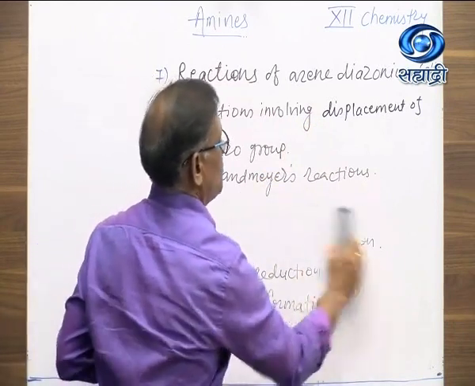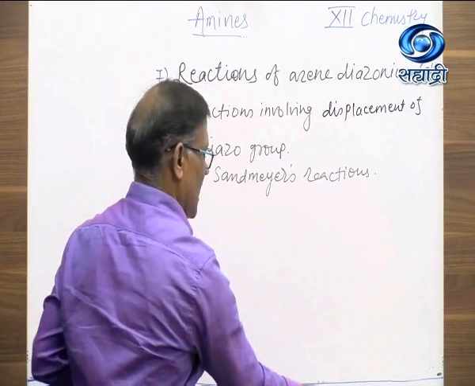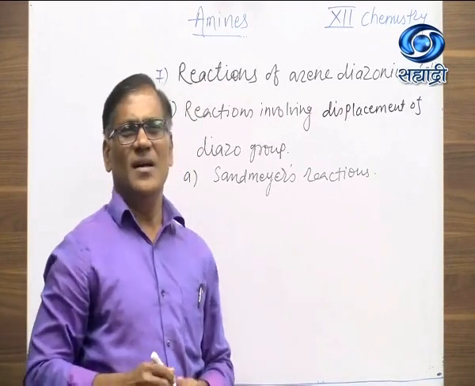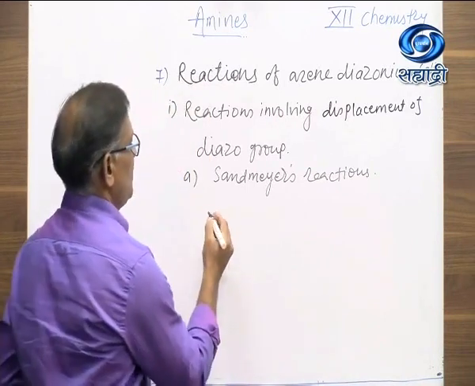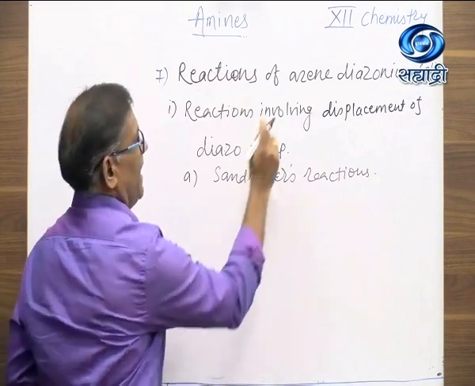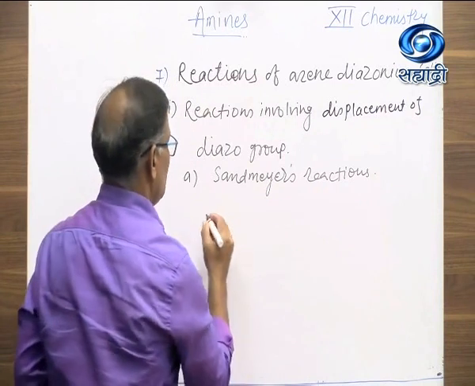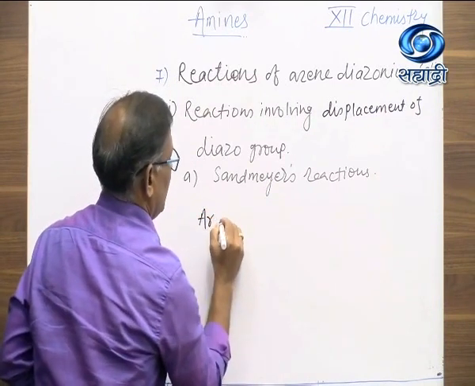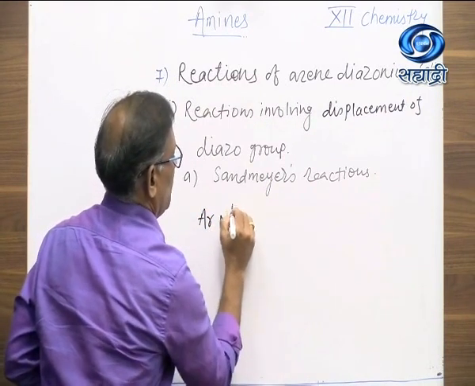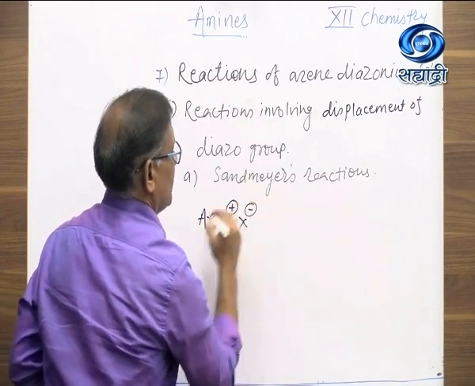So these are the reactions of displacement of diazo groups. We study one by one. First reaction is Sandmeyer's reaction. In Sandmeyer's reaction, benzene diazonium chloride or arene diazonium salt or aryl diazonium salt formula is ArN2+X-.